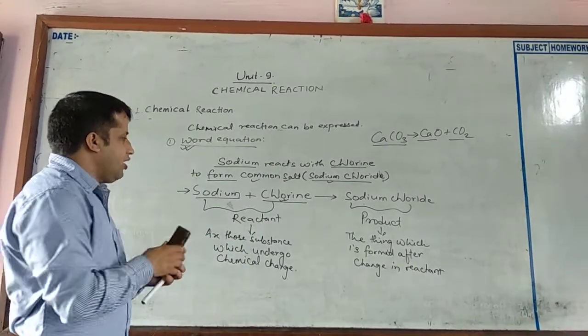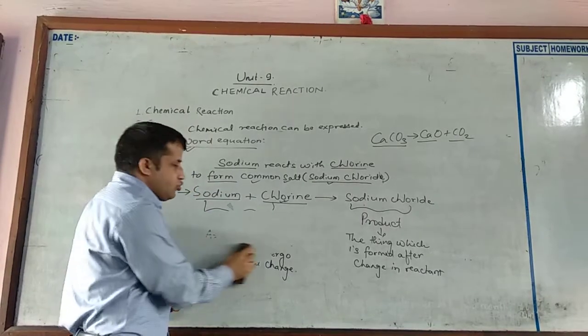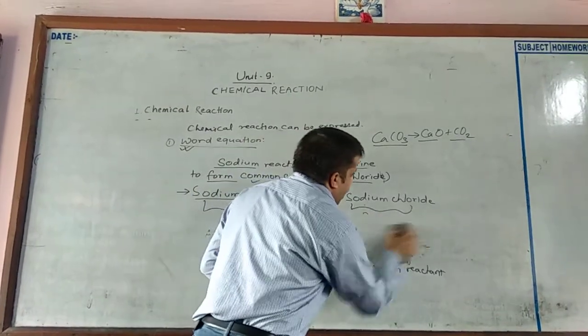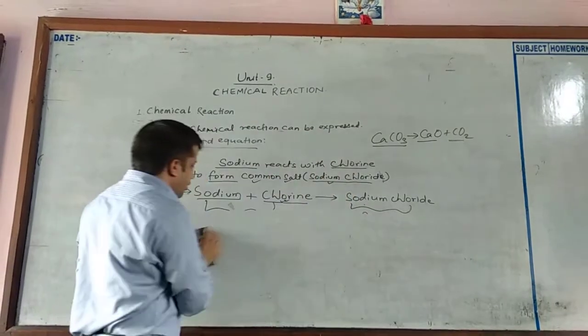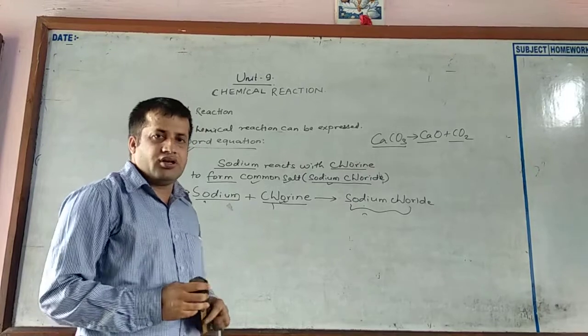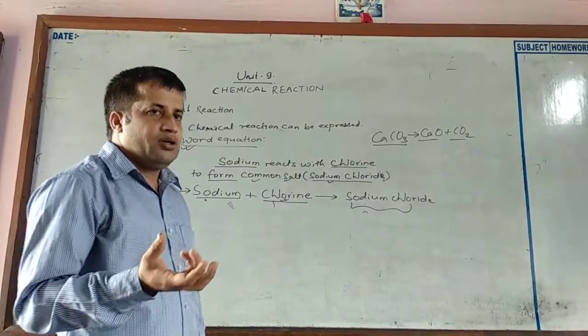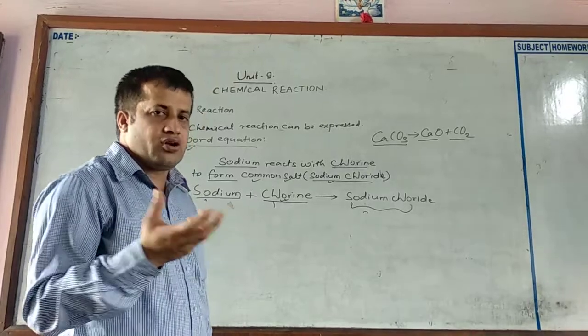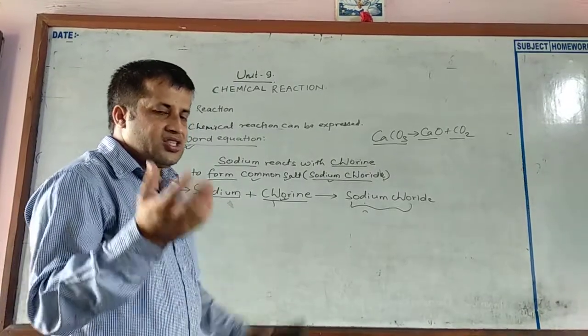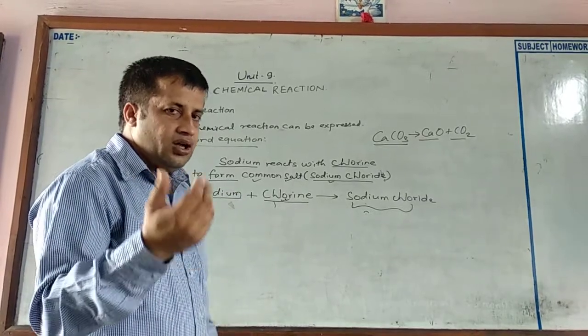That is one way. Now the same thing I will express by using their formula. That formula we have studied in the previous chapter. We will use the formula or the symbol of the elements which are involved in a chemical change or a chemical reaction, and it is expressed in that way.